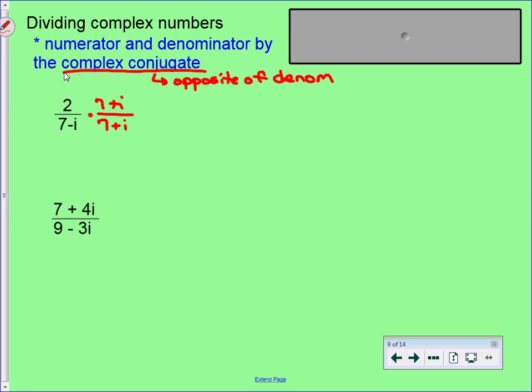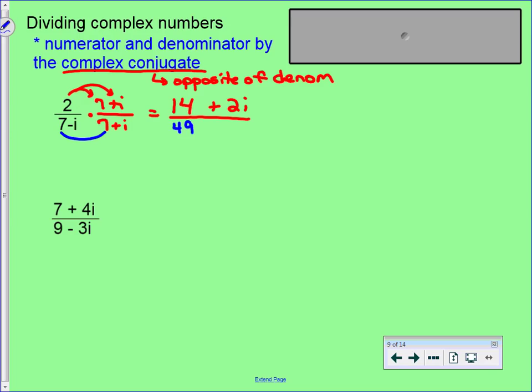Now we actually do have to multiply both of these pieces. With our numerator, we are going to end up with a 2 times 7, which is a 14. 2 times a positive i gets you a positive 2i. And the nice part, if we remember any of our rules about FOILing, when we multiply the 7 and the 7 together, we get our 49.